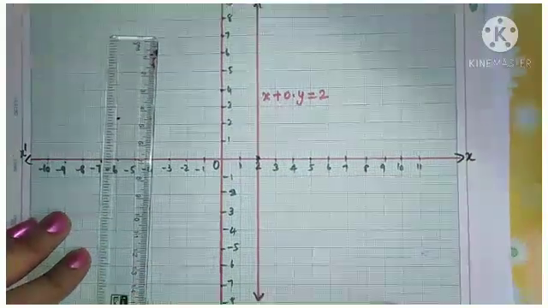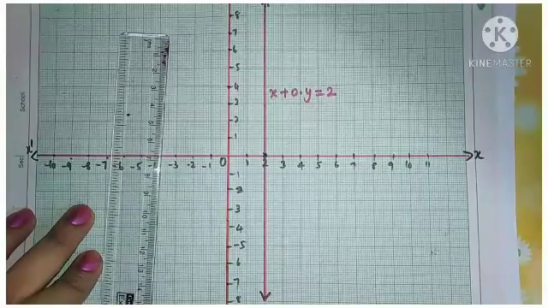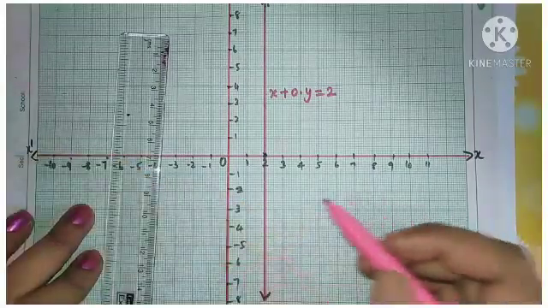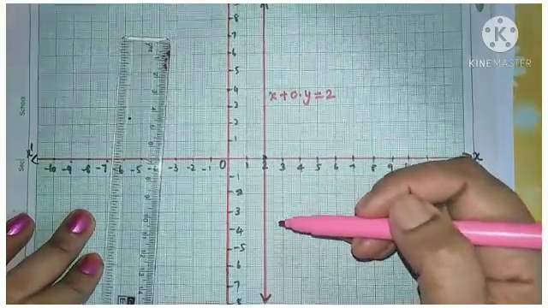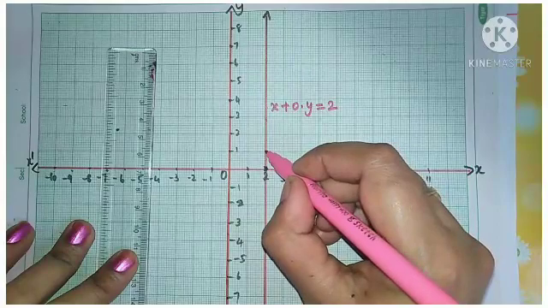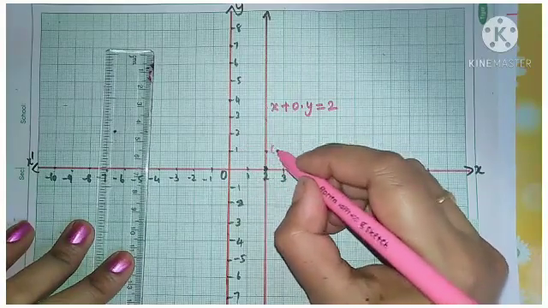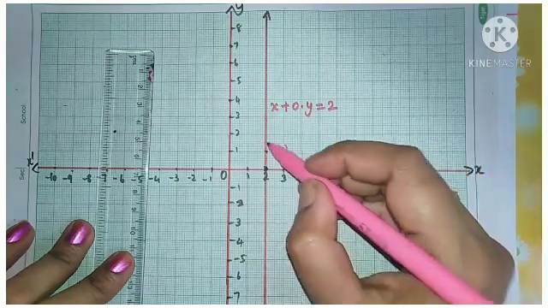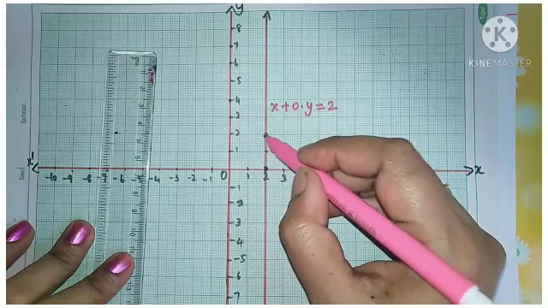Now you see, I told you it will have many solutions. Just see the graph now. X value is not changing. X is always 2 here. But the y value, if you take this point, what is the value here? X is 2 and y is 1. So you can write 2, 1. And if you take this point, x is 2 and y is 2.